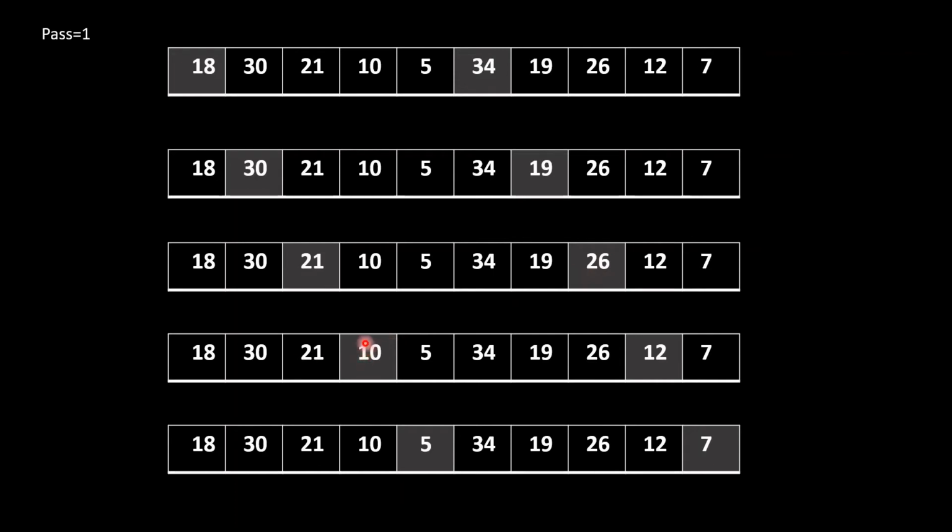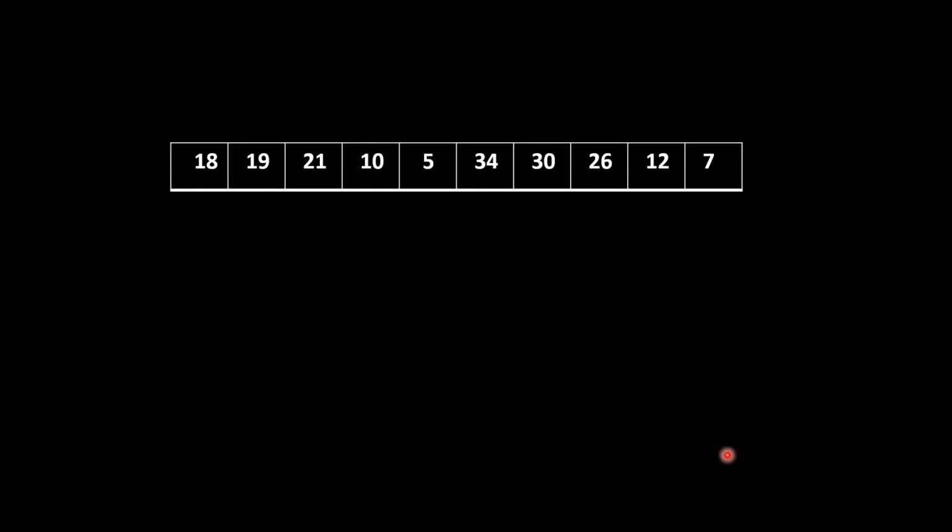Then in the fourth subarray, 10 and 12. Since 10 is less than 12, it will not swap. Again in the fifth subarray, 5 and 7. The elements are already sorted, so it will not swap. After the first pass, we have a slightly more sorted array than the input array.